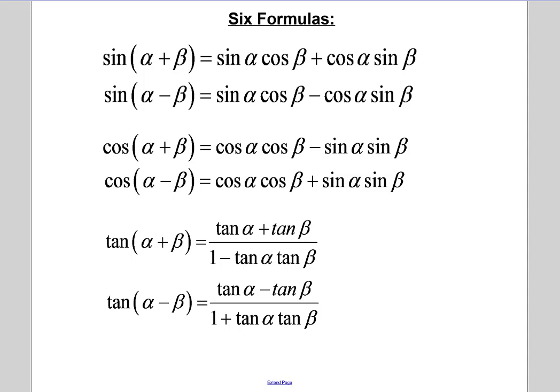I've got them grouped by their angle, whether I'm having the sine of two angles, or the cosine of two angles, or the tangent of two angles. One interesting feature to notice is how the alpha and beta angles either change or alternate.